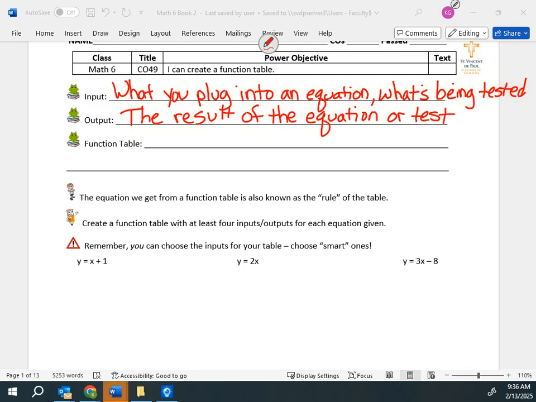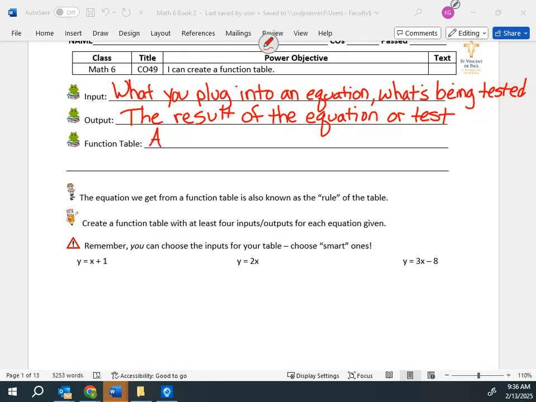You put a number into the equation, that's your input. What you get as your answer, what you get out of it, is your output. So we've got a number that we put in, and then we have what we get out of it, the answer. We use those in a function table.